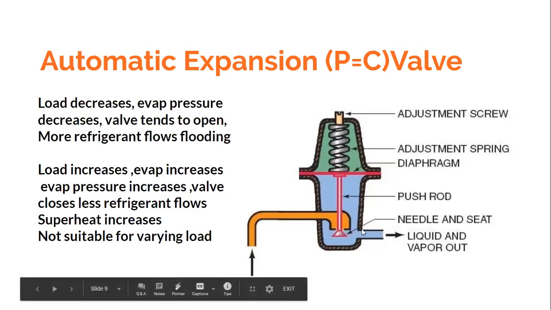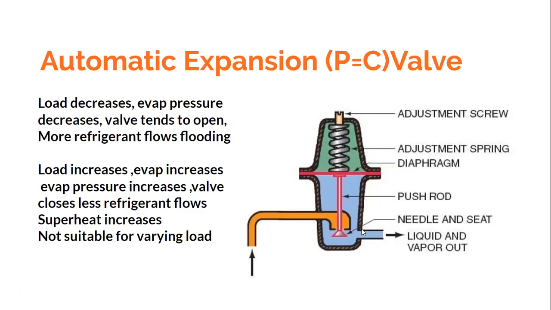Now, this is very interesting. In fact, this is the disadvantage. I'll try to repeat this again. When the load decreases, ideally the refrigerant flow should decrease. Obviously, if the load decreases, the refrigerant in the evaporator should be less. If the load increases, the refrigerant in the evaporator should be more.